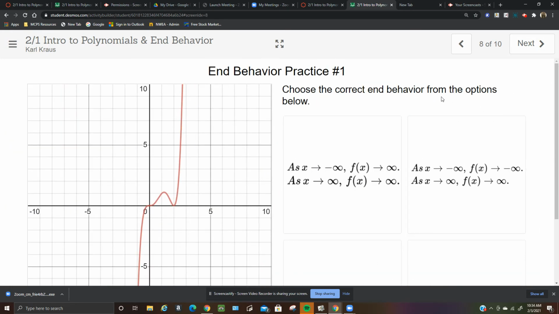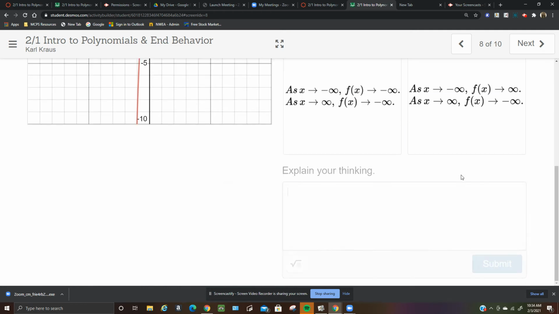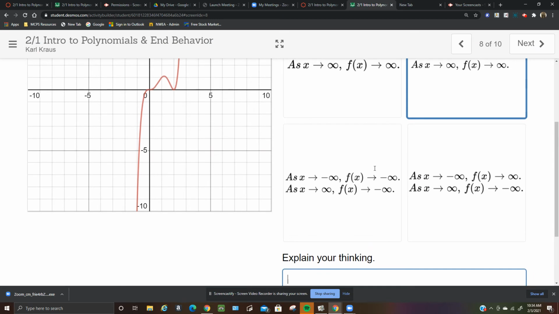So choose the correct end behavior. As x approaches negative infinity, this is going down, so this one's not right. Let's see if this one's right. As x approaches negative infinity, f of x, or y values, go to negative infinity. As x approaches positive infinity, y values go to infinity.